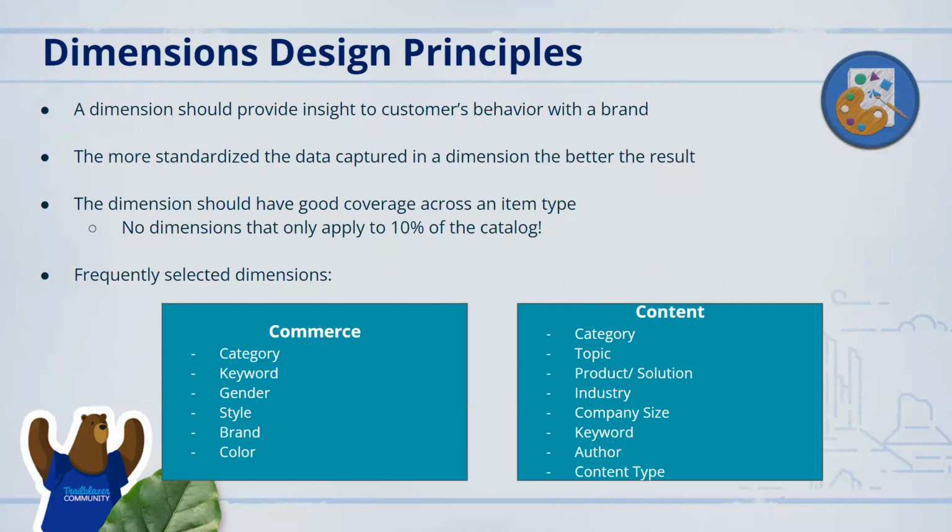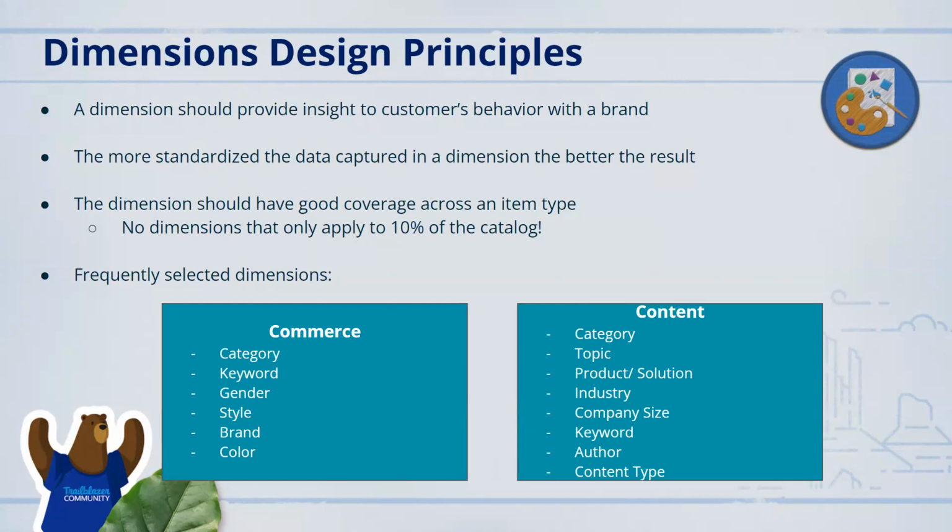This can cause unintended consequences for the affinity build and also activation. And finally, select dimensions that are applicable to a broad portion of your catalog, since a dimension won't likely be helpful with machine learning if it is only applicable to a small portion of your catalog.